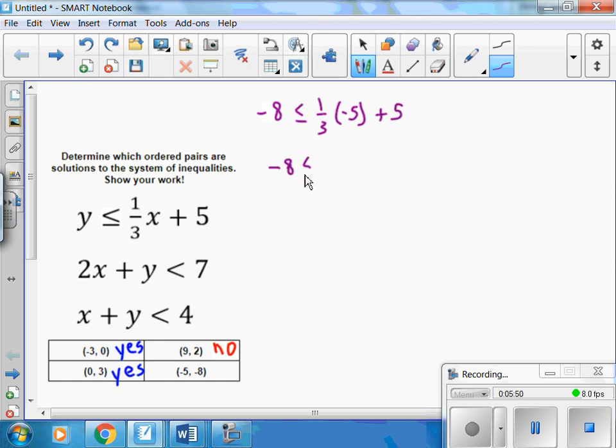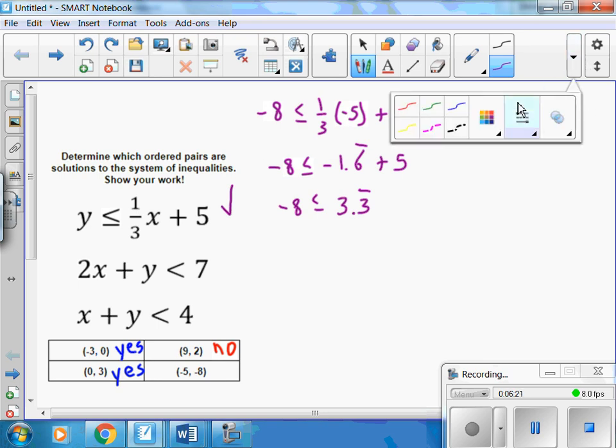So negative 8 less than or equal to negative 5 times 1/3 is negative 1.6 repeating, and then plus 5. Now we have negative 8 less than or equal to, if you take 5 and you minus 1.6 repeating, you're going to get 3.3 repeating. Negative 8 is definitely less than a positive number, so it would work for this inequality. Your ordered pair (-5, -8) works for this inequality at the top.